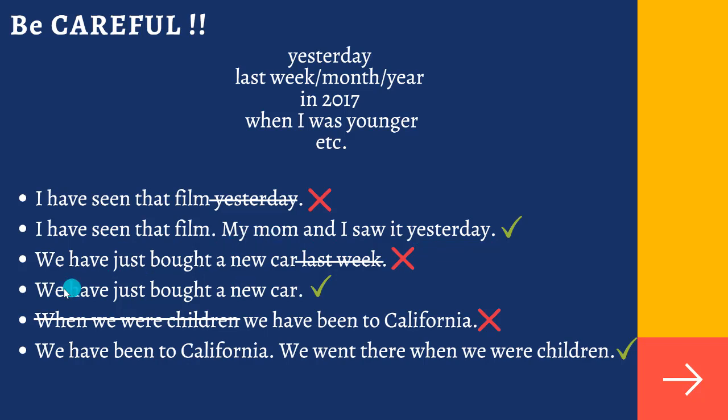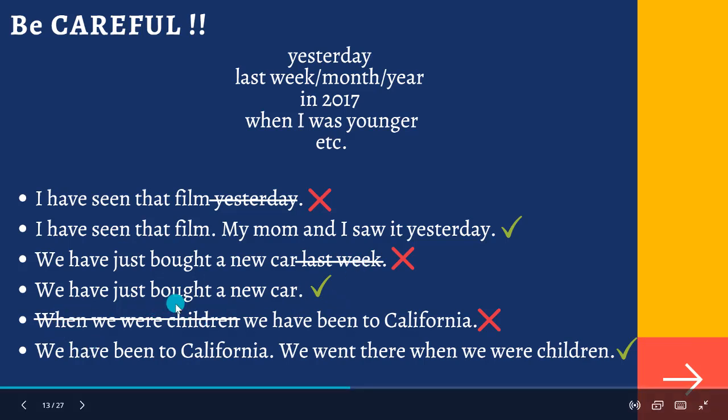And then the next example: we have just bought a new car last week. We have to erase the time adverbial to just say, we have just bought a new car. Okay, for another example: when we were children, we have been to California.